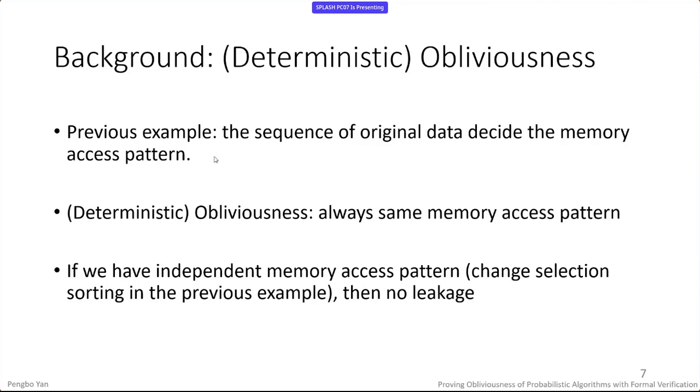That means the memory access pattern is independent from the sensitive data in an oblivious algorithm, so the data will not be leaked by the memory access pattern. If we want to rewrite the previous program to a safer version, we can change the selection sort into another oblivious sorting algorithm.